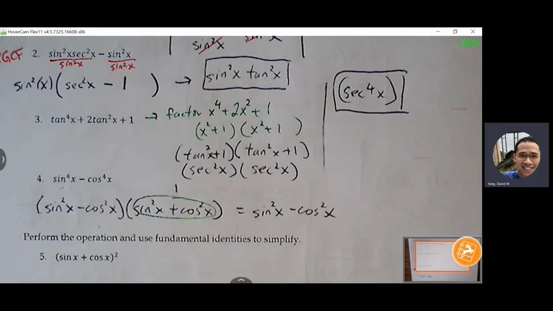First, you see that there's a sine squared here. So if I take a sine squared out, that means I'm dividing by sine squared.